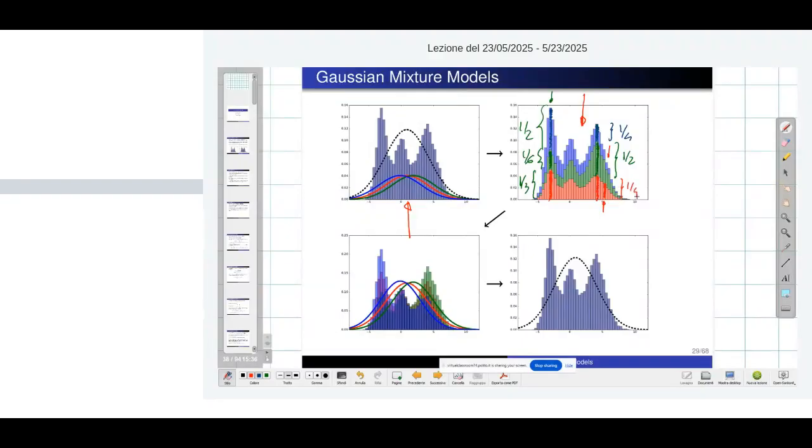It's not exactly correct because the red is a bit larger than the blue, but let's say these bars, the height of this bar inside the chart, so the fraction of the bar that is colored green inside each bar, corresponds to the posterior probabilities of the points in that bin being assigned to the corresponding cluster. So we see that points in each bin give a contribution to all the clusters.